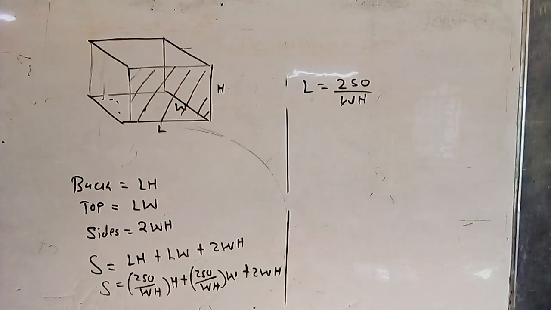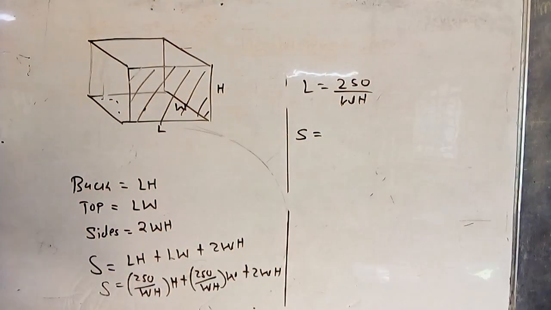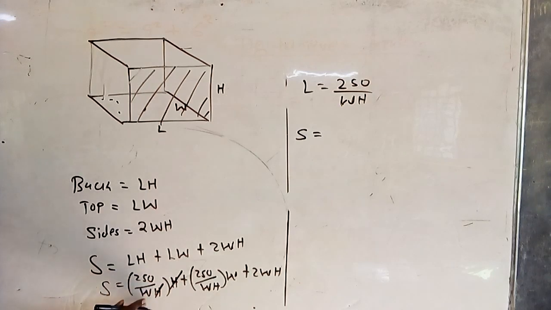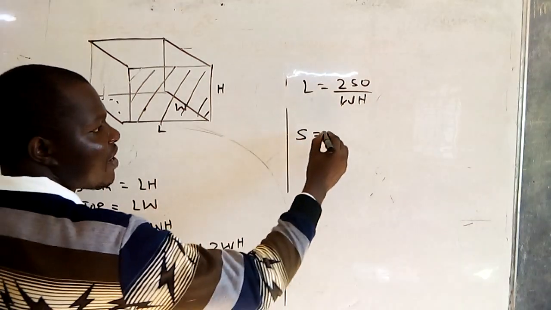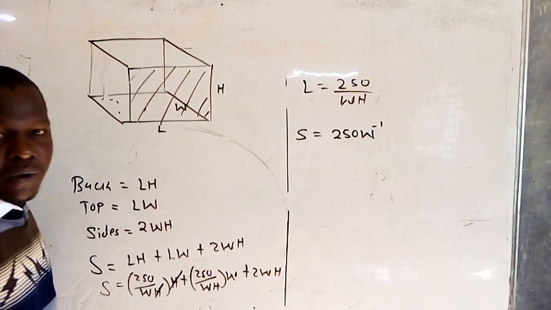So what do we get? We get the surface area to be, you can see H goes with H, 250 over W, isn't it? 250 over W is the same as 250W raised to power negative 1, isn't it?